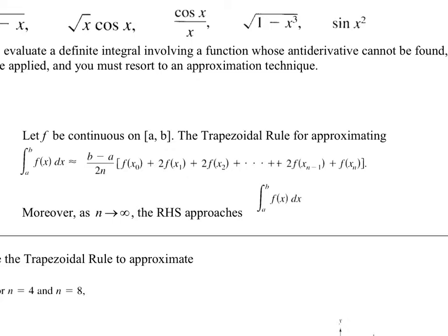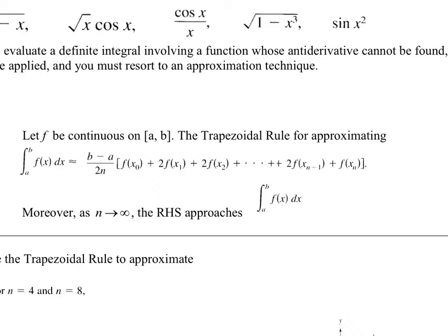Okay? Now, as n approaches infinity, the value of this whole sum is going to be approaching the value of the integral. Okay, so we have that limit as n approaches infinity thing going again.